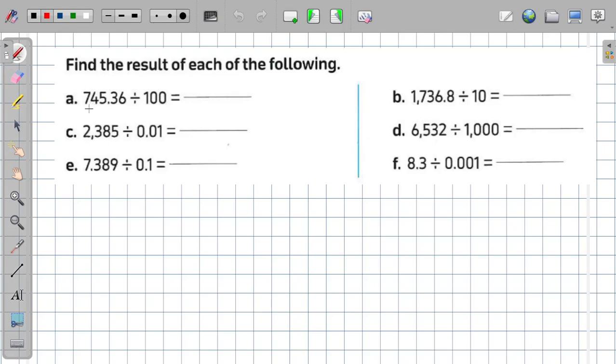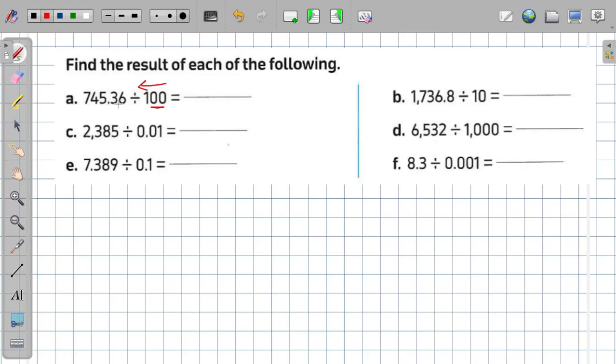I have 745.36. I wanted to divide it by 100. Okay, so we will move the decimal point to the left, and we have two zeros, so we will move the decimal point two places.